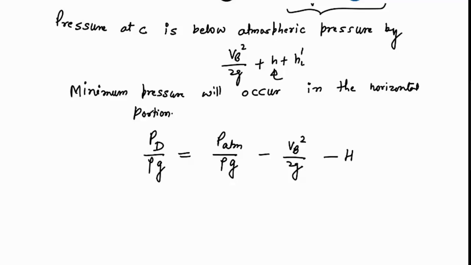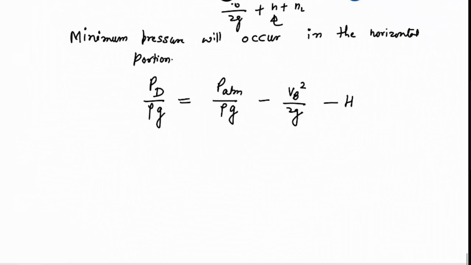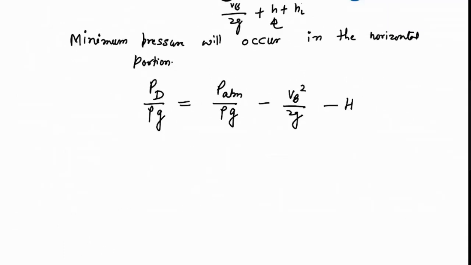Generally, friction losses you can neglect in these cases because if your tube is smooth and heads due to other effects are large, you can neglect the friction loss with respect to bigger heads. But if your friction loss is not small compared to the total head, then you have to include that.